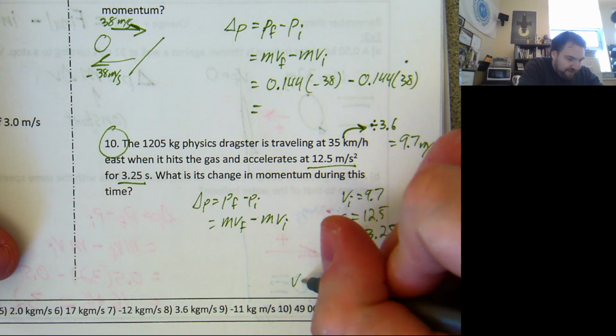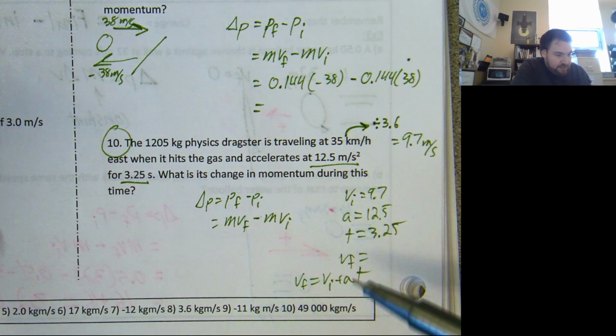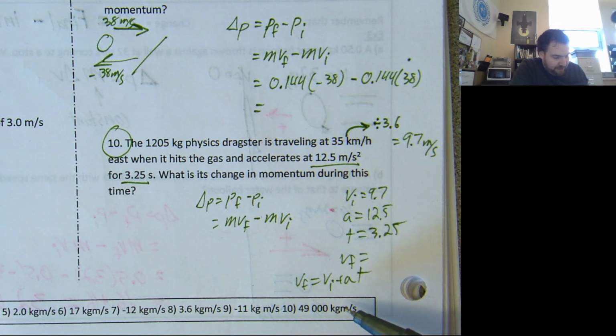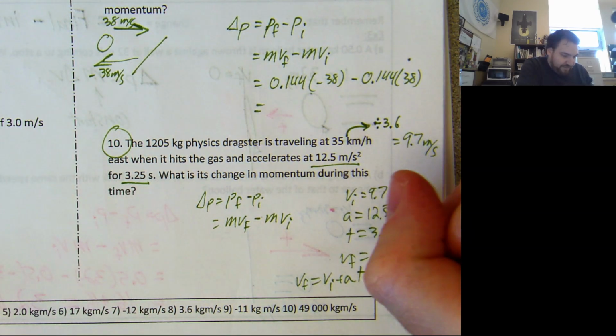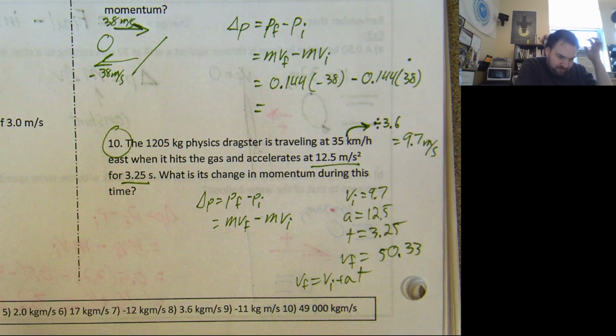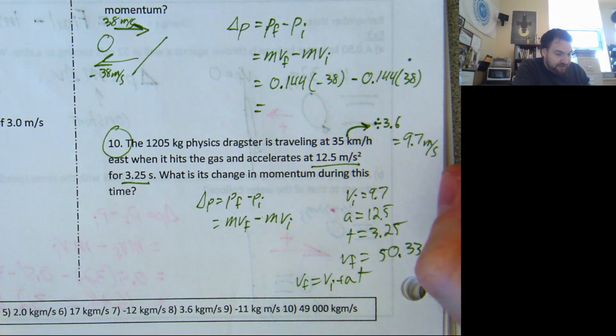So we're going to use VF equals VI plus AT. So that's going to be 9.7 plus 12.5 times 3.25. That's 50.33 meters per second.